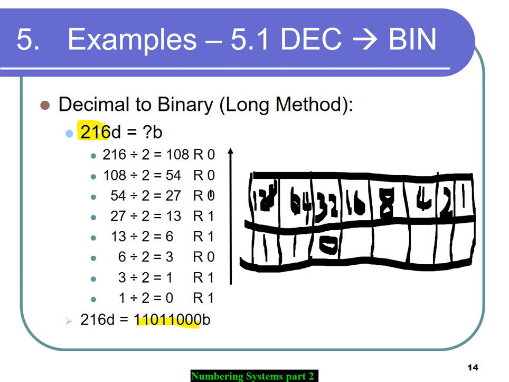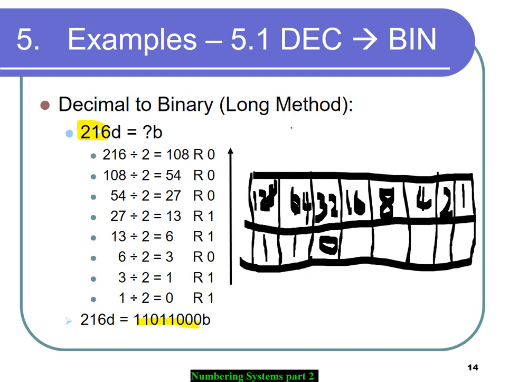And then you can take a look at the following example. So let's do it this way. This is the older method, the longer method of decimal to binary.